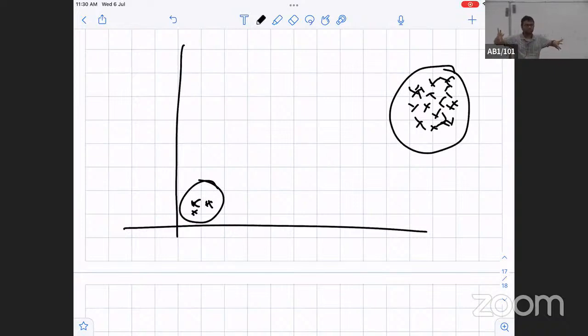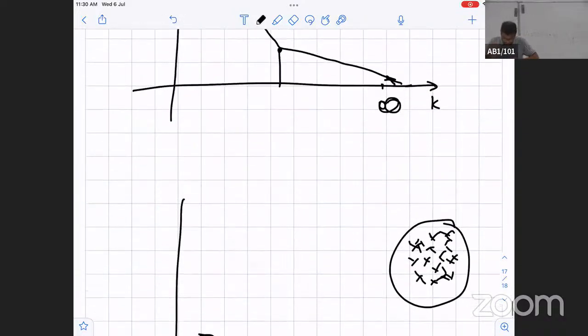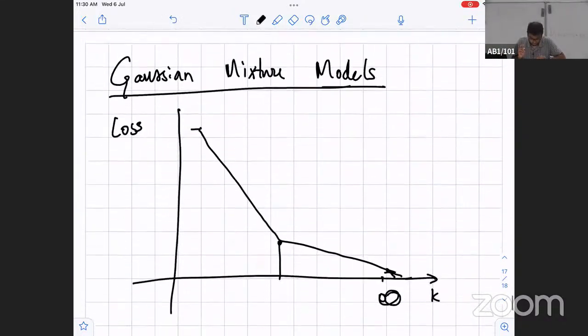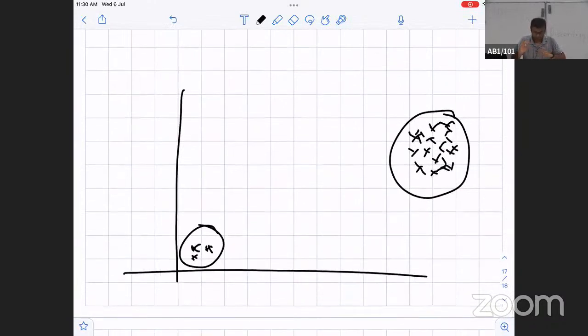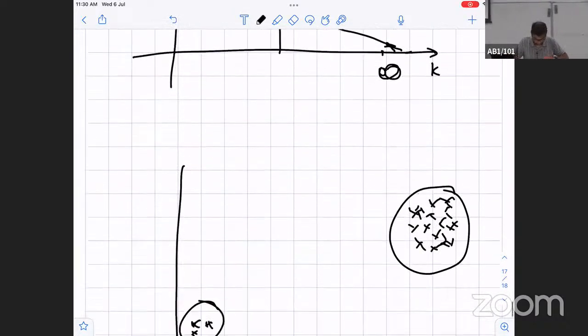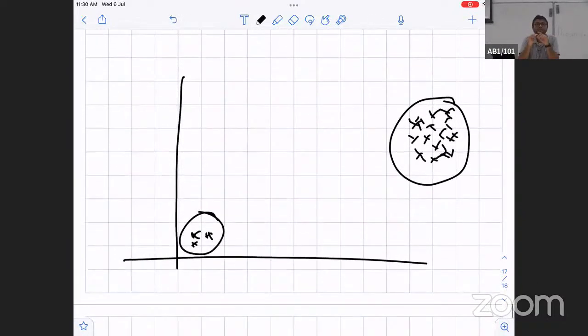If they are well separated, it will always do well, but if they are close by, there is a problem. That is one. And of course, k-means also has a problem of local optima, which means there can be two different assignments possible. Anyway, we will come back to that later. But before that, I hope the point is clear.